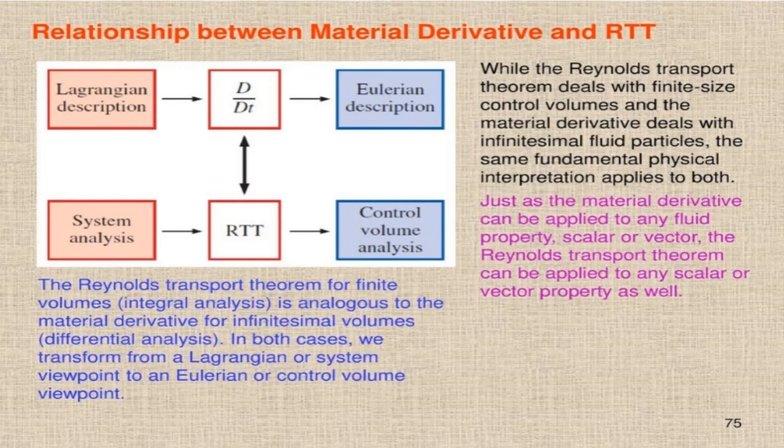In the beginning, we have learned the Lagrangian description of the fluid flow. In the Lagrangian description of the fluid flow, we consider each particle, and by using the derivatives, we get the Eulerian description. In the Eulerian description, we consider the flow itself, not the particles. And the connection between the Lagrangian description and the Eulerian description is called the total derivative, or material derivative.